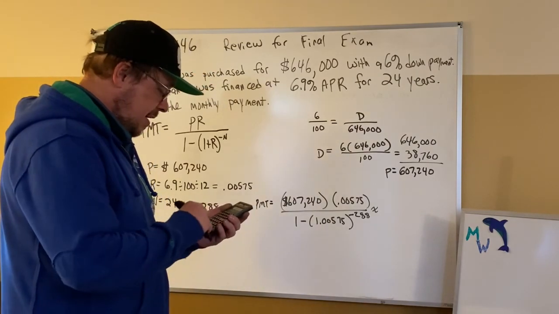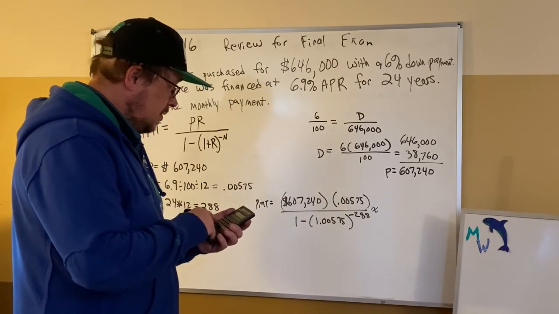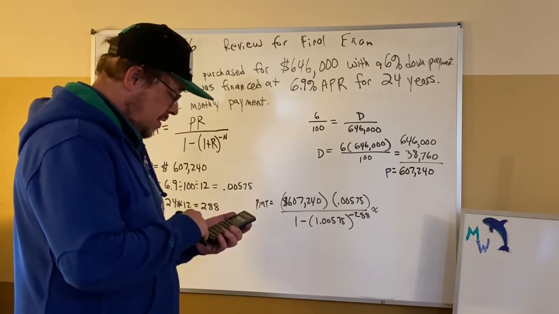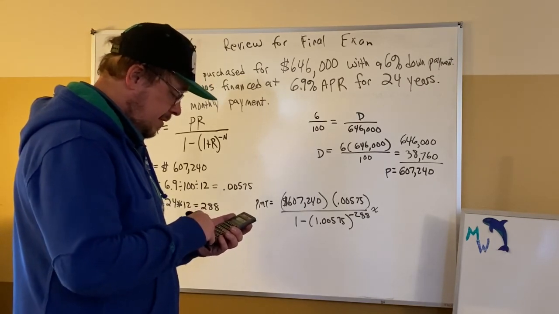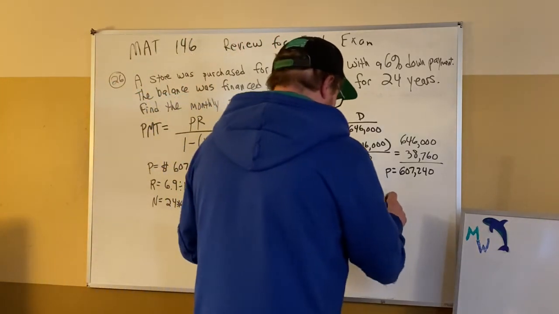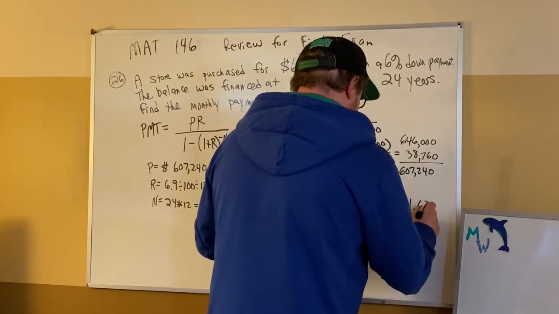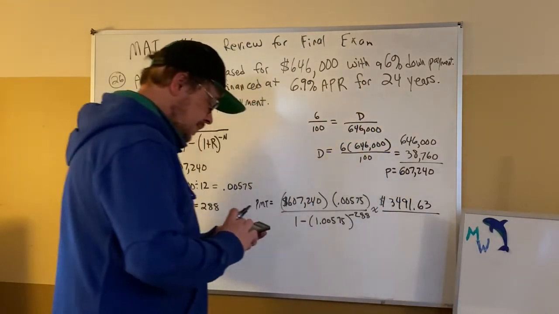So I'll find out what the top is when I go 607,240 times 0.00575 equals 3491.63, to be divided by.